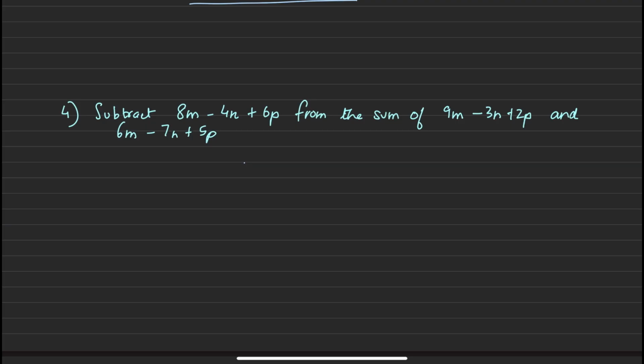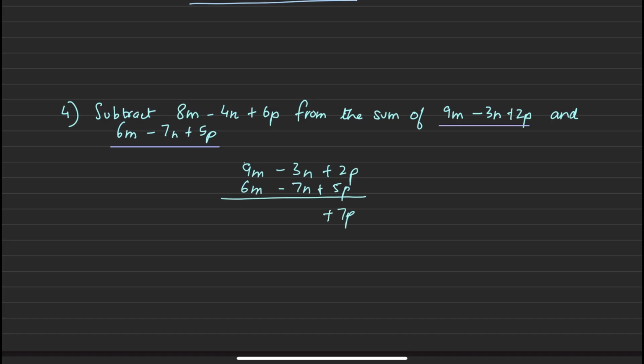Okay, now subtract 8m minus 4n plus 6p from the sum of two more expressions. So first let us find the sum of the two expressions. This I will add with this. Mind you, when we are adding, there is no need to change any signs, okay? 9m minus 3n plus 2p, 6m minus 7n plus 5p, no changing signs because we are doing a sum, that is addition.